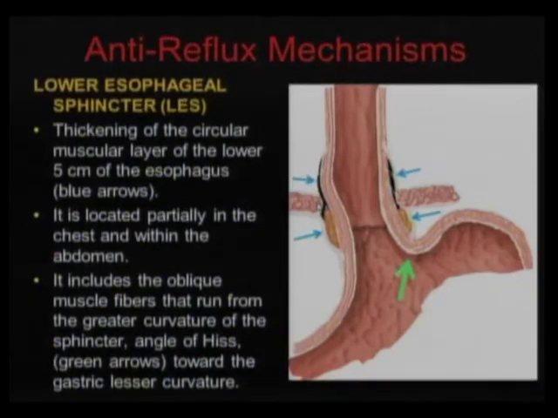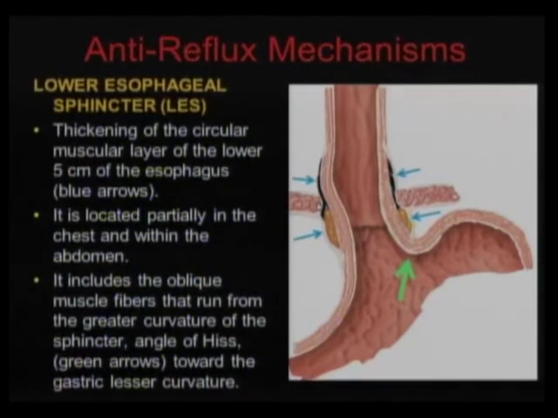Okay, so first of all, let's try to discuss the anti-reflux mechanism. The most important is the function of the lower esophageal sphincter. The lower esophageal sphincter is a thickening of the circular muscular layer of the lower 5 centimeters of the esophagus, is this area, okay?